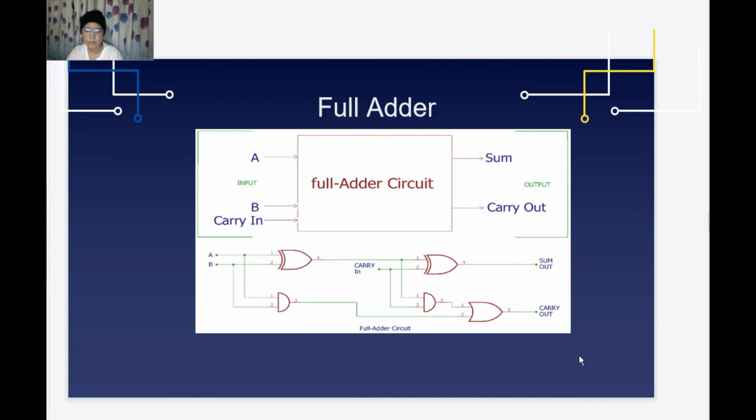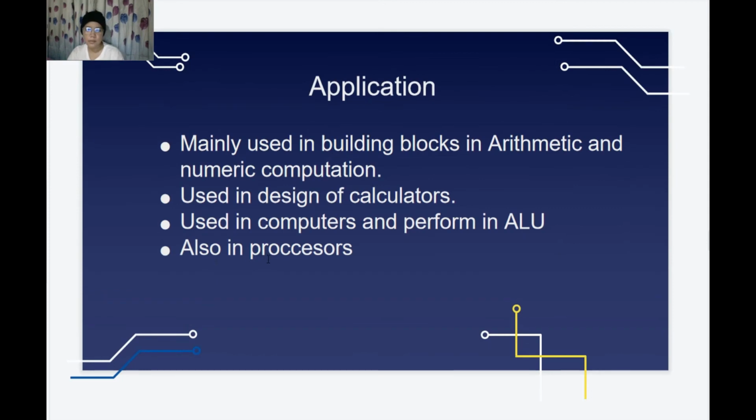So here is the full adder circuit. The application is mainly used as building blocks of arithmetic and numeric computation, used for calculation in computers, and performed in ALU, which is the arithmetic logic unit, and also used in processors.